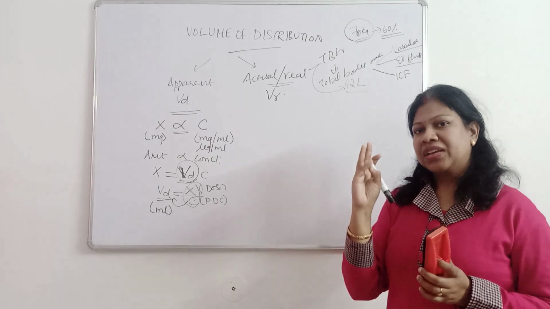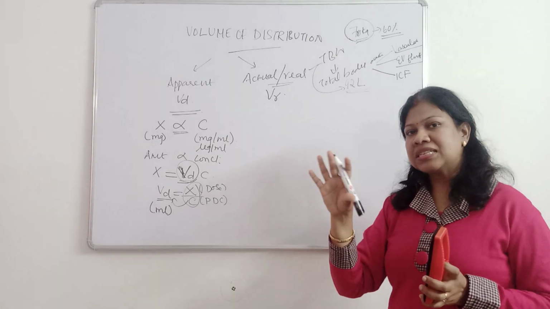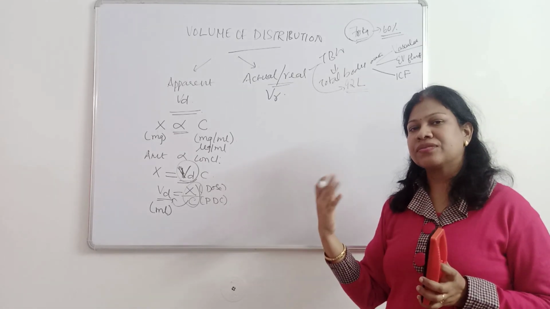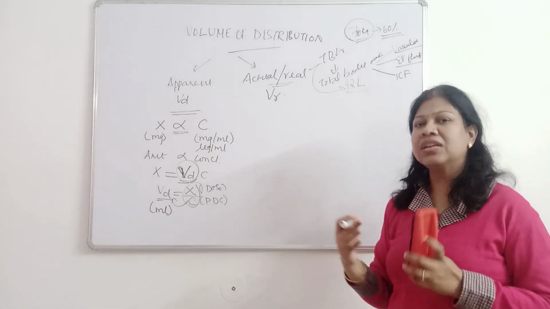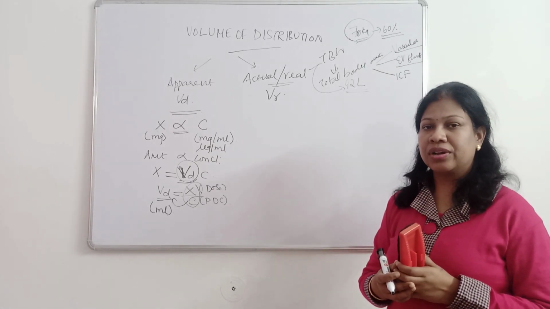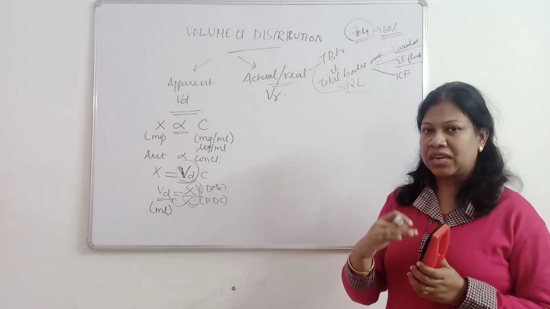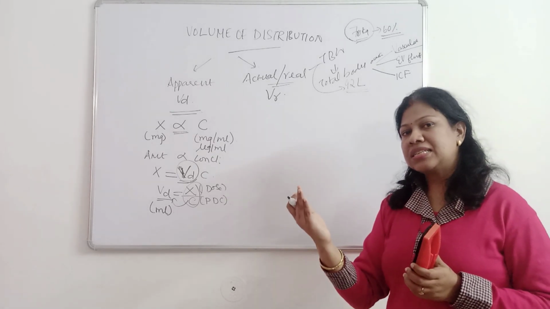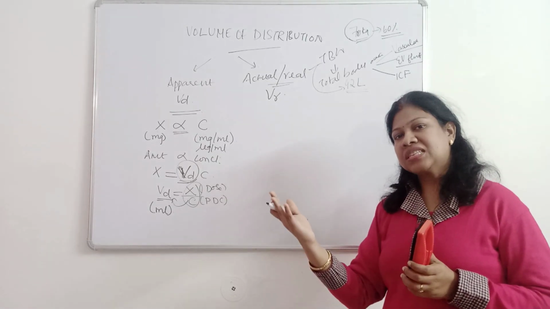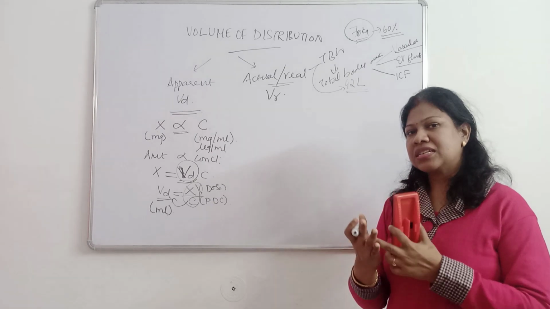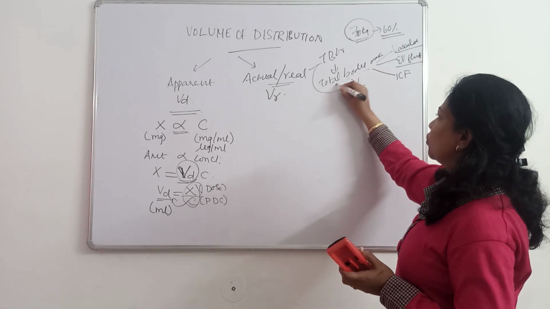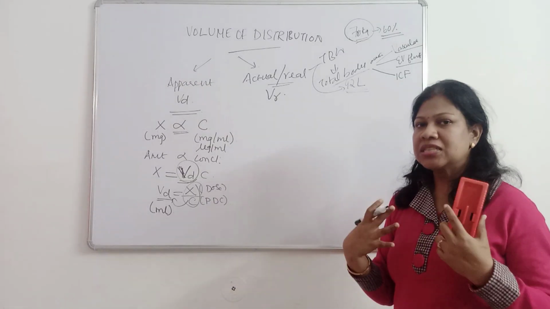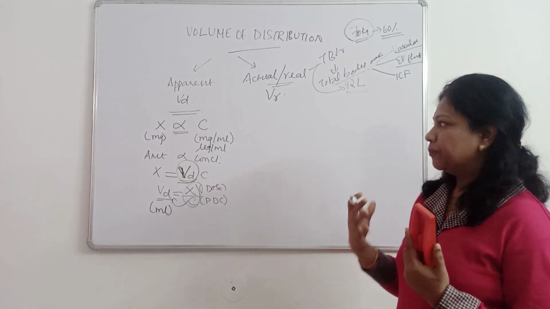One is blood, that is vascular fluid, and within the cells there are fluids which are intracellular fluid, and outside the cells there are extracellular fluids. Extra means outside the cell, and intra means within the cell. So intracellular fluid, extracellular fluid and vascular fluid make up the total body water, that is the water present in the whole body.